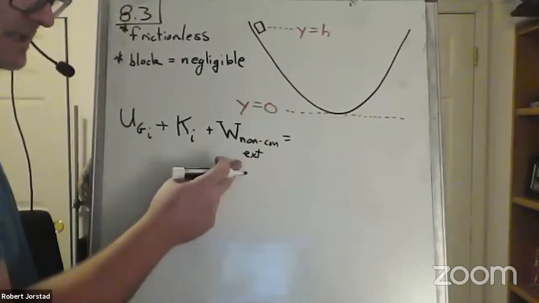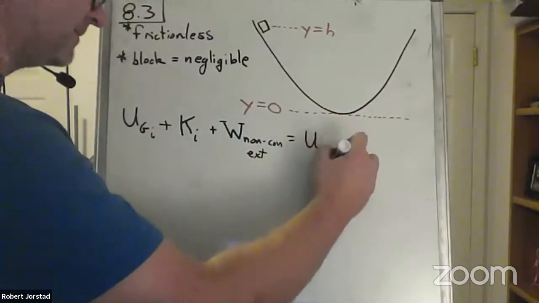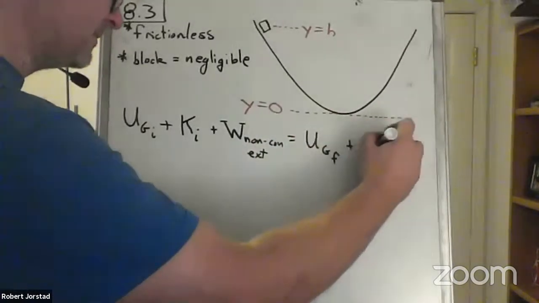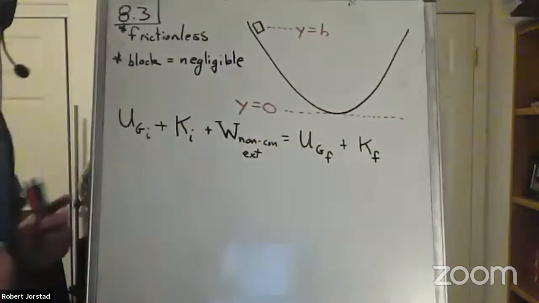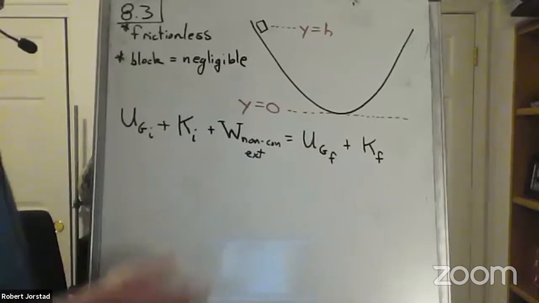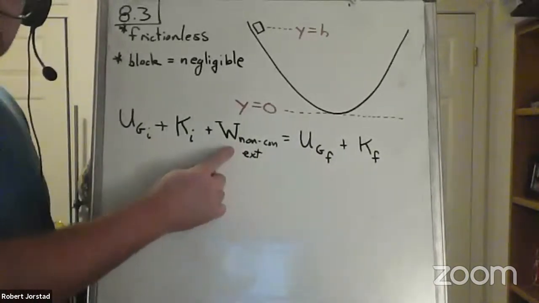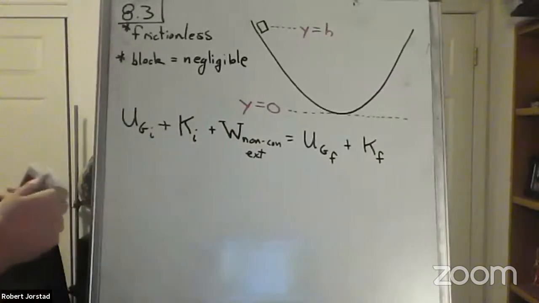So I'm going to write this in here and we can worry about it in a minute. Now, what we're saying is the initial energy should equal the final energy, except for any energy that leaves our system.